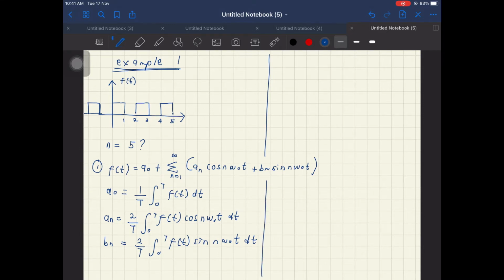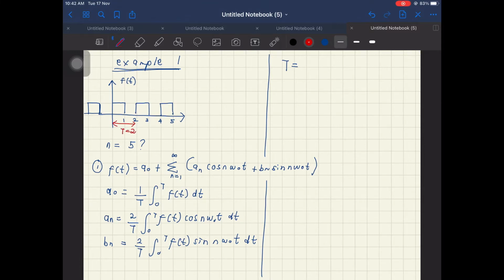Okay, so now we are going to start our calculation, but before that we have to find some variables, which are T and also omega, because the coefficients really depend on T and omega.